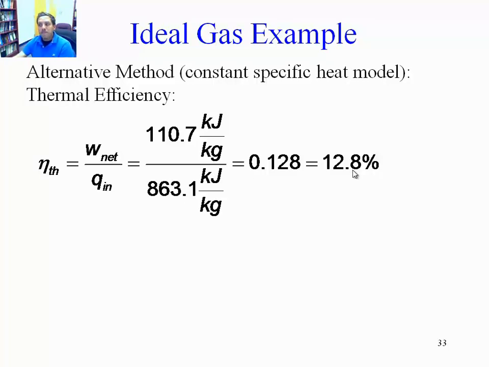Now, it might not sound like much between 12.8 and 13.2, but that 0.4% change in efficiency, or error in efficiency, is huge. Let's assume that this is part of a thermodynamic cycle that undergoes a process of power generation in a power plant. And this Q in is 863.1 kilojoules per kilogram of air that you put into the power plant.